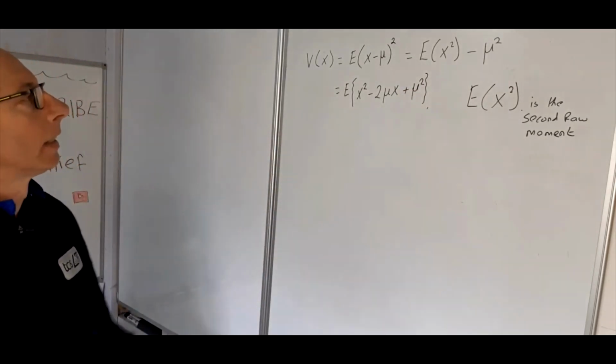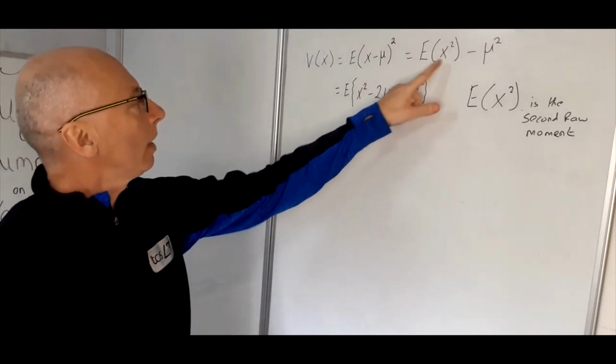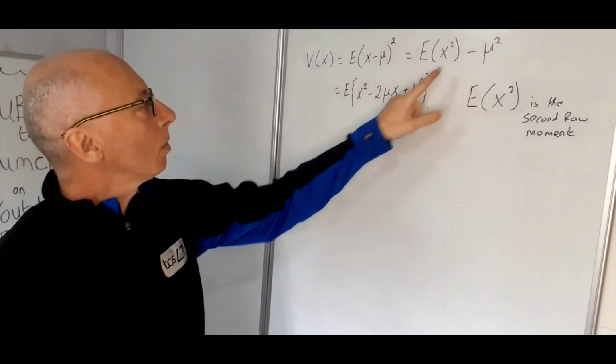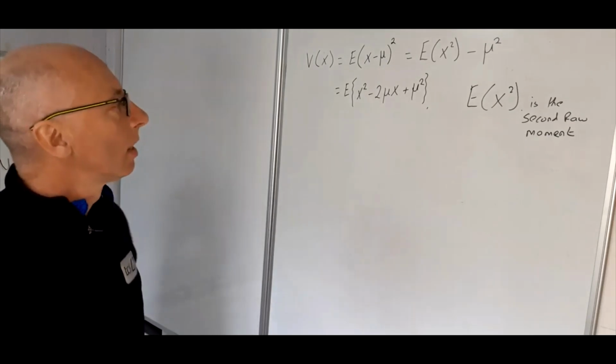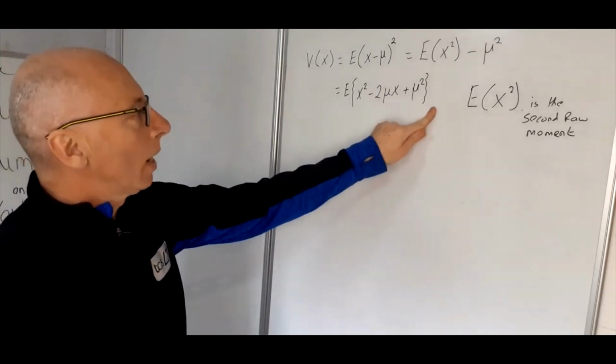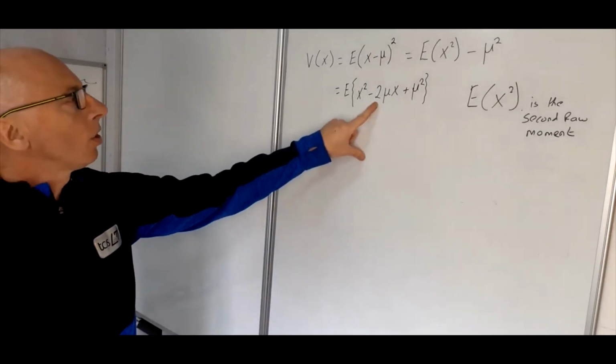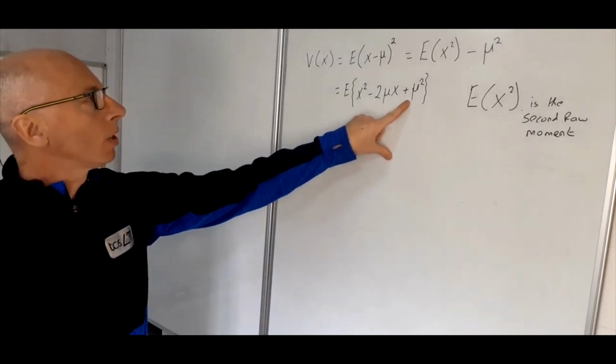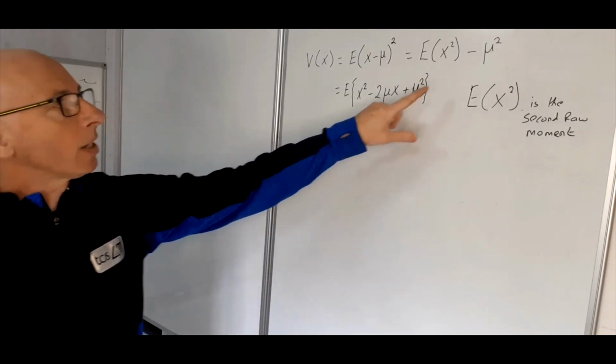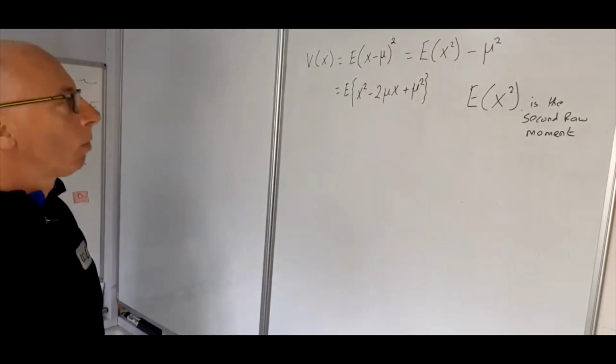Now we've got an x squared, and a minus mu squared and a plus mu squared. So we're not anywhere near what we want yet. But we have a minus 2 mu and a plus mu, so that could end up being a minus here. That could be one way.